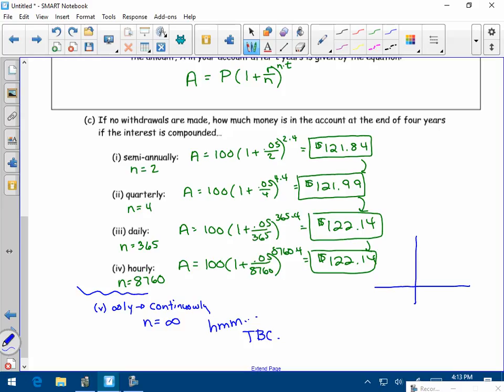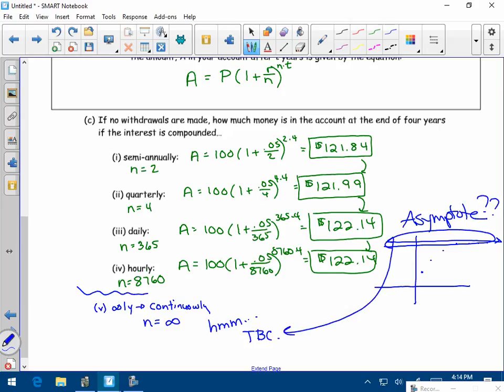Annually, I earned $121.55. Semi-annually, $121.84. Quarterly, $121.99. I'm still growing, but I'm growing less and less. I'm reaching a certain level that I'm not going to overpass. What's that called? I'm reaching an asymptote. Where that asymptote is will be coming in a couple days.